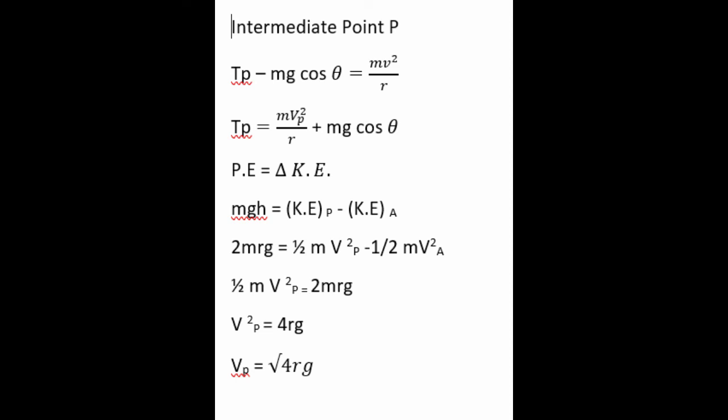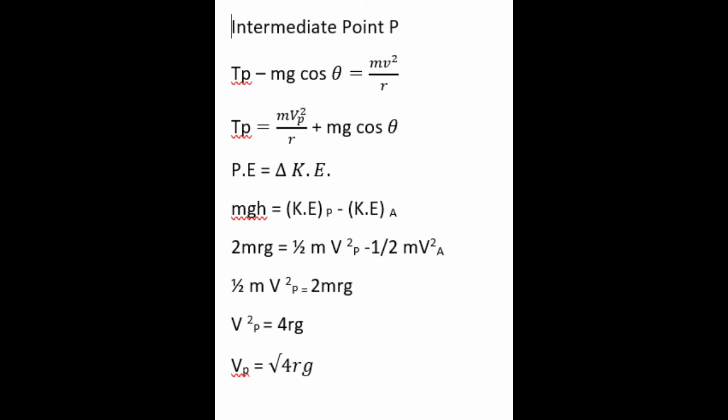According to the conservation of energy, the potential energy at point P must be equal to change in kinetic energy at point P. Therefore, mgr must be equal to kinetic energy at point P minus kinetic energy at point A, or 2mrg is equal to 1/2 mvp square minus 1/2 mva square.